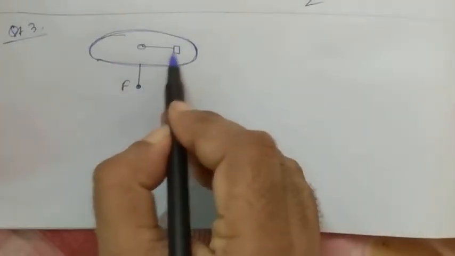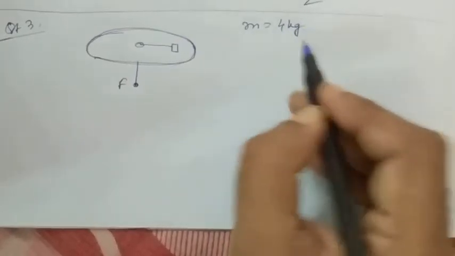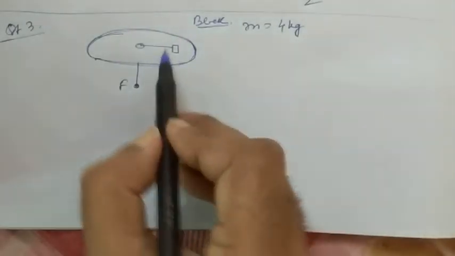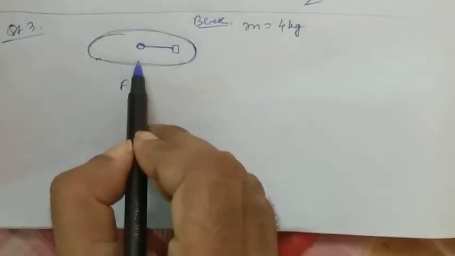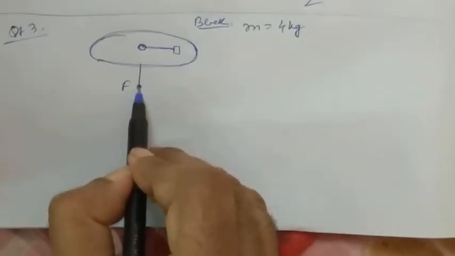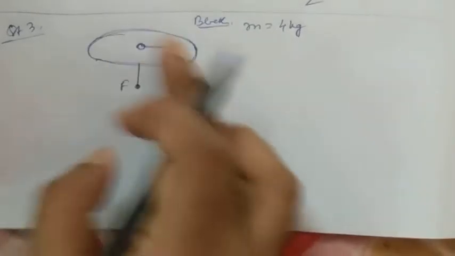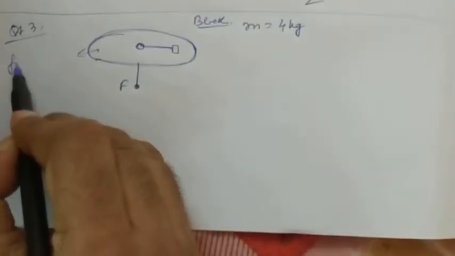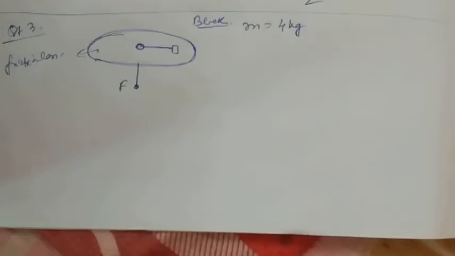Third problem. There is a small block of mass 4 kg. This is attached to a cord which passes through a hole in the table. The cord passes downwards. This is a horizontal frictionless surface, so no friction is acting on it.